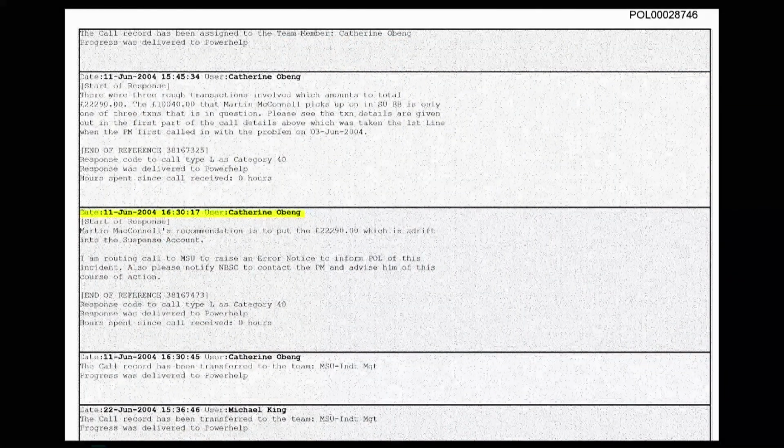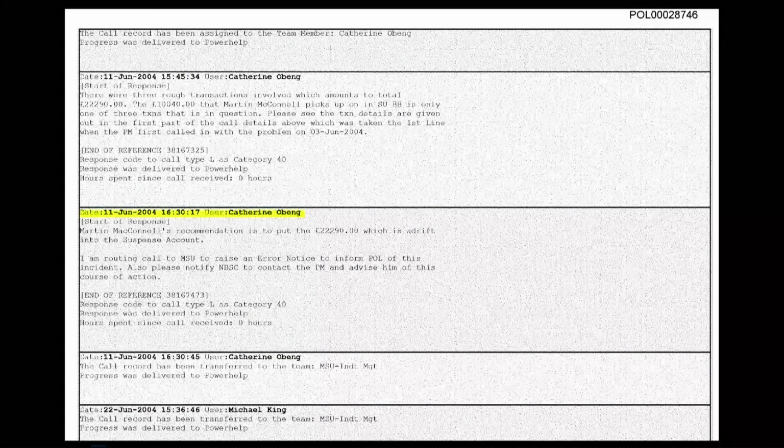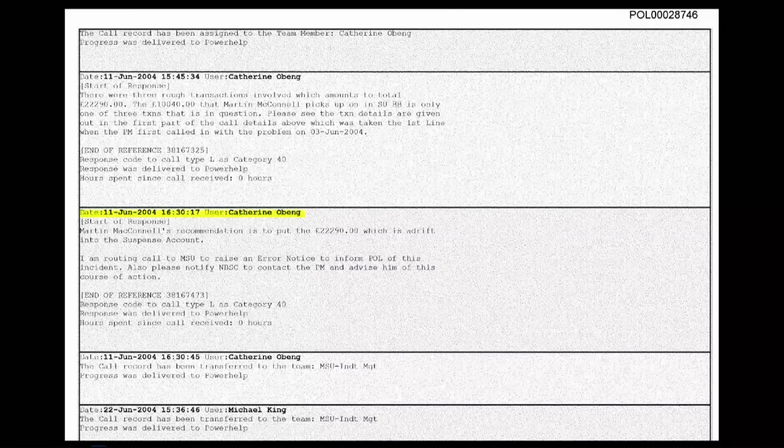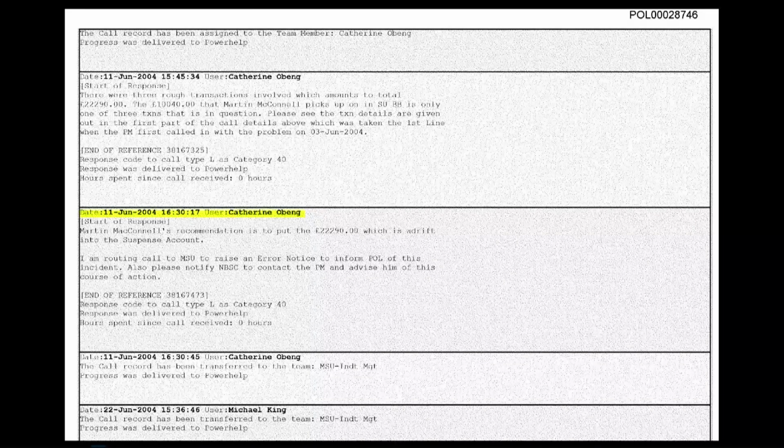And how would NBSC communicate accurately what had been established on the previous 5 pages of this document? I don't know. It's not made terribly clear there that this was a system error, but that we had informed Post Office and that the branch should expect an error notice at some point.